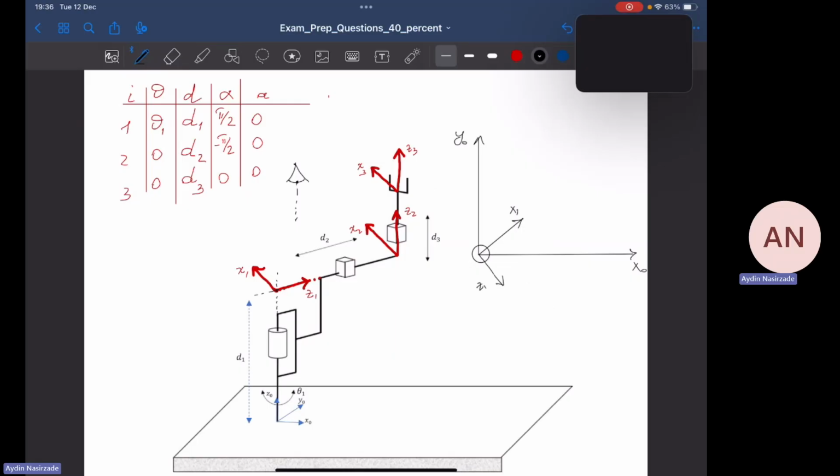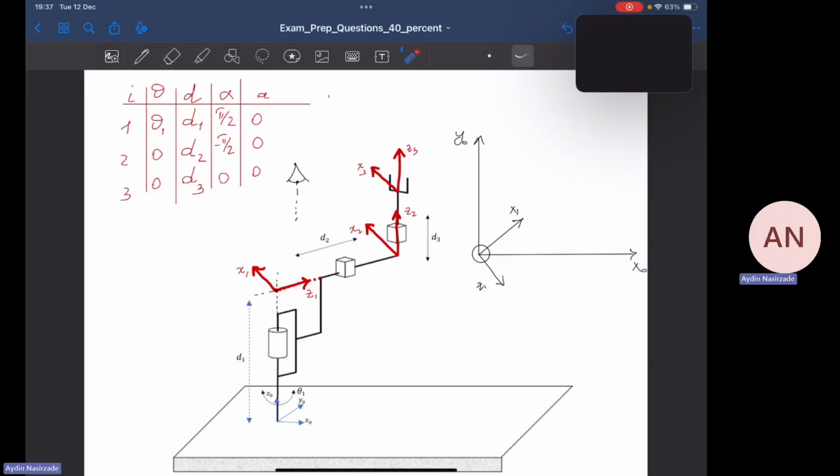I just drew these two axes, nothing else. Try to use your imagination. Previously it was here, now it's somewhere here. If x1 is here, it means that z1 is supposed to be here.